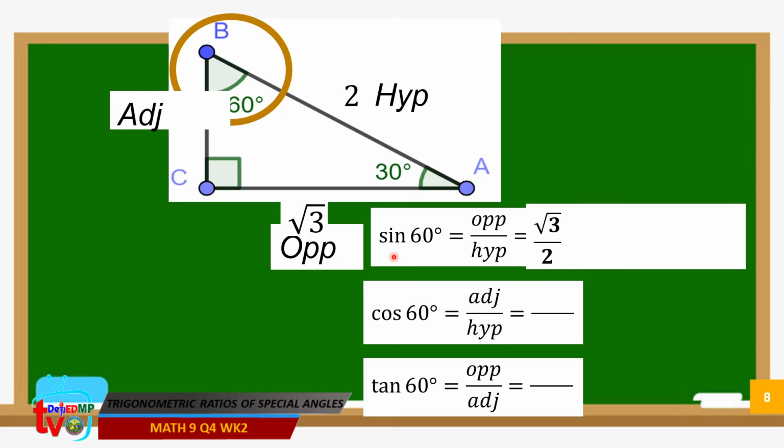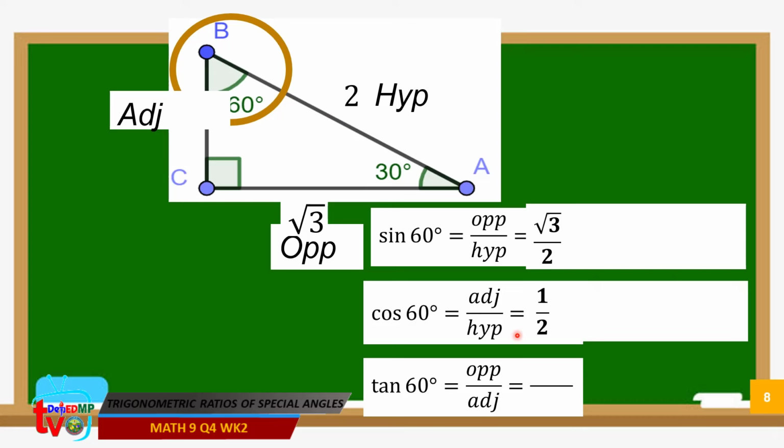Therefore, sine 60 degrees is square root of 3 over 2. Next, cosine 60 degrees is adjacent, which is 1 over hypotenuse 2. So 1 over 2 is 1/2. Therefore, cosine 60 degrees is 1/2.